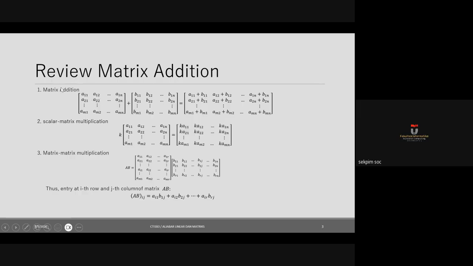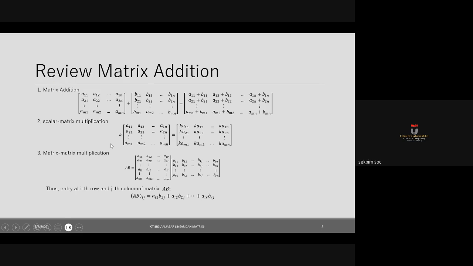Sorry, I mean in addition, the size or the dimension of the matrix should be equal. So suppose you have a first matrix of size m by n, and the second matrix should also be m by n. When you do the adding operation, it's an element-wise operation. Each element in the first matrix is added to the element at the same location in the second matrix. Yeah, so this is the operation for matrix addition.